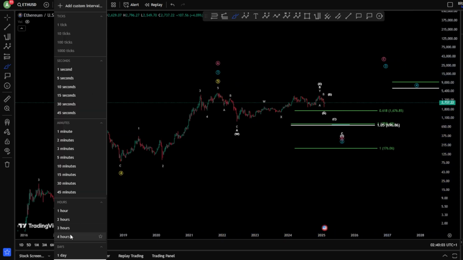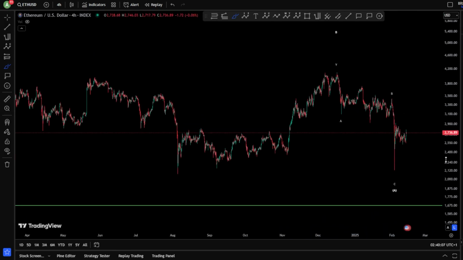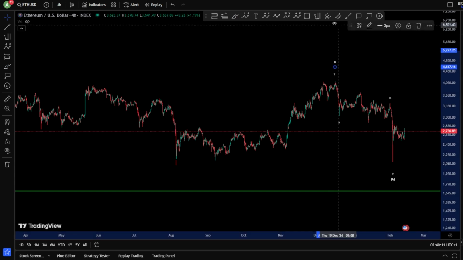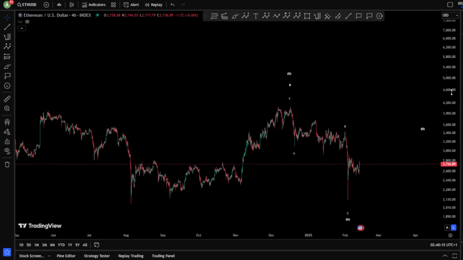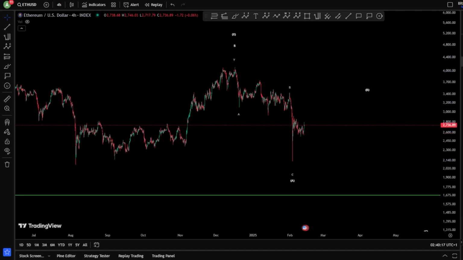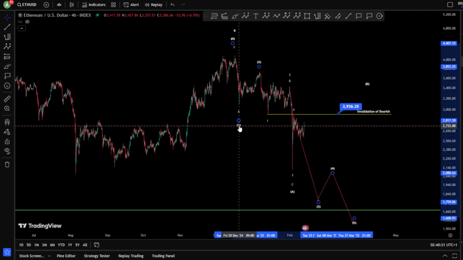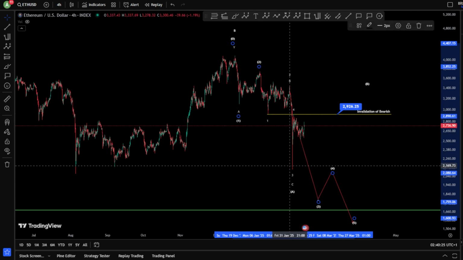If we move a little bit inside on the 4-hour chart here, you are inside your final structure for a probable wave Y. As you can see, you can get here some insights on what's going on. So we probably have a 1, 2 here, and another 1, 2, 3, 4.